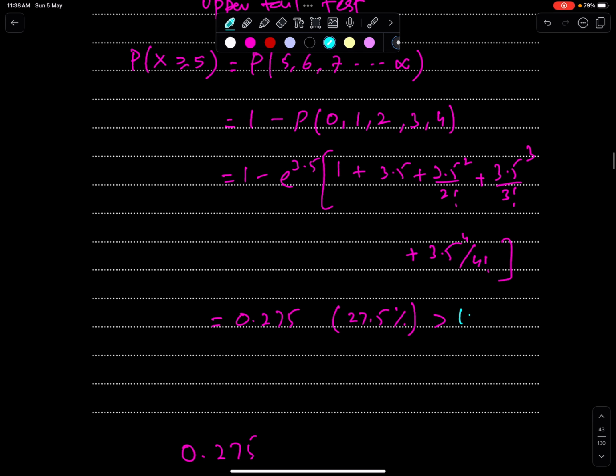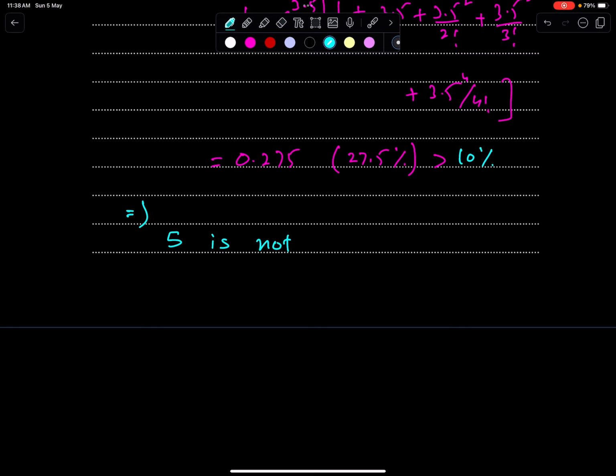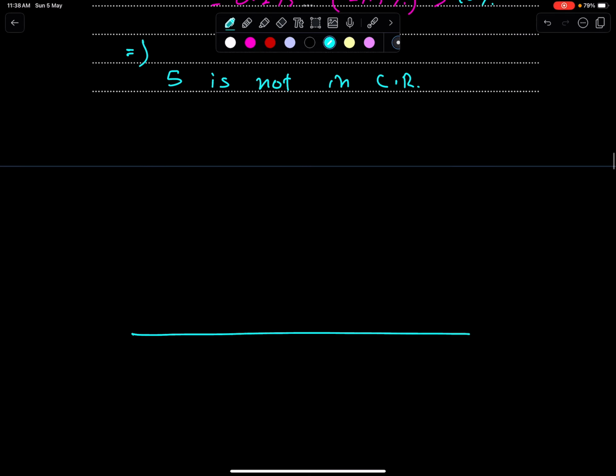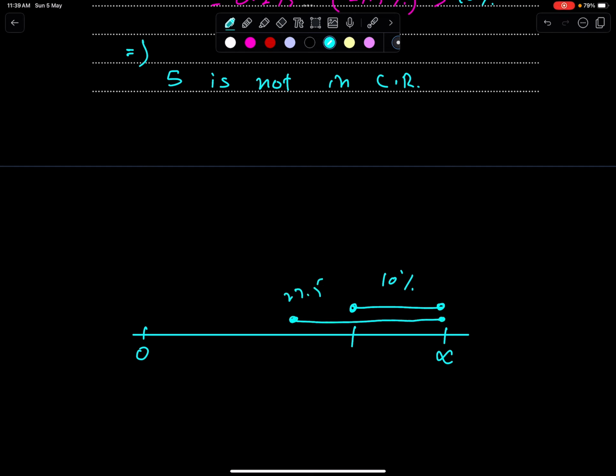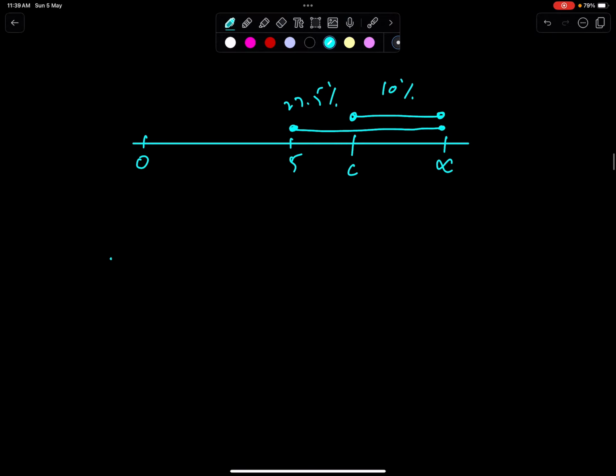Therefore 5 is not in the critical region. This is 10%, and the probability of 5 is greater than 10%. So accept H naught.